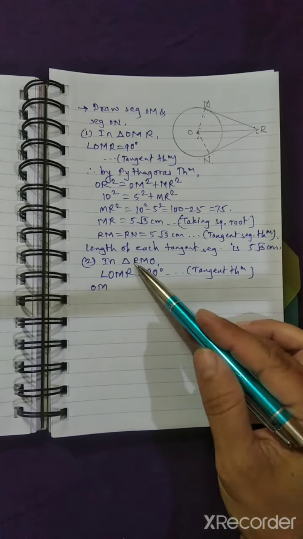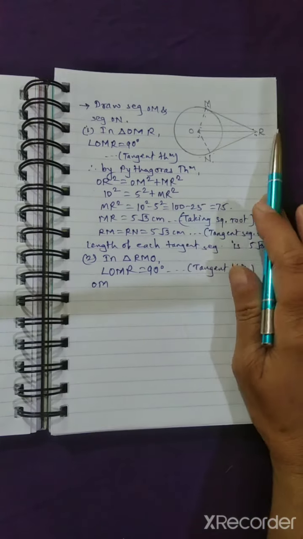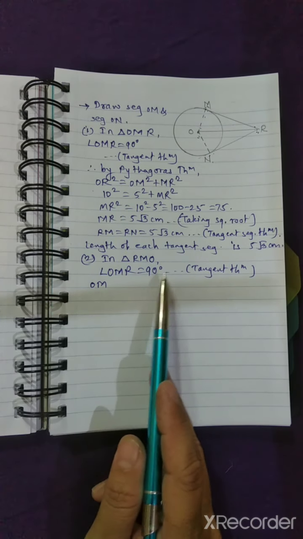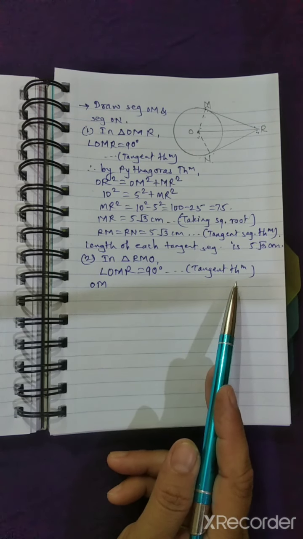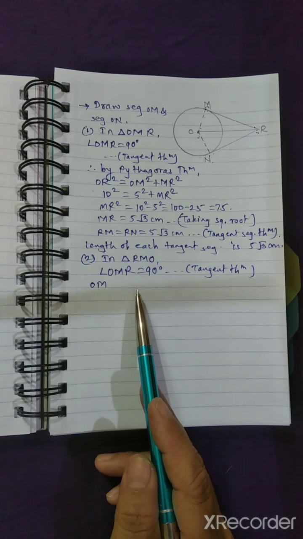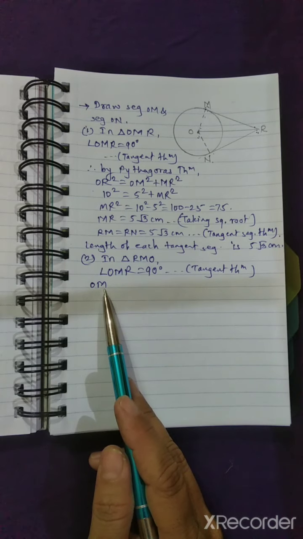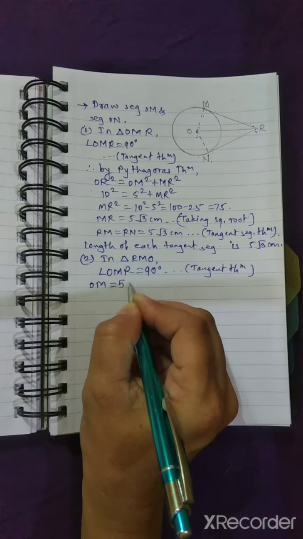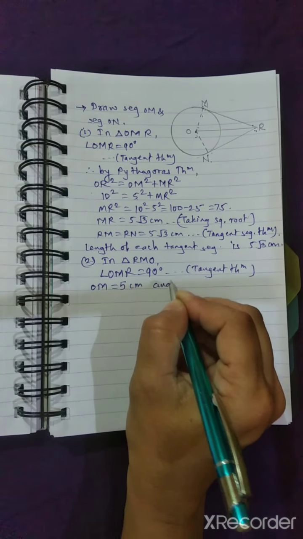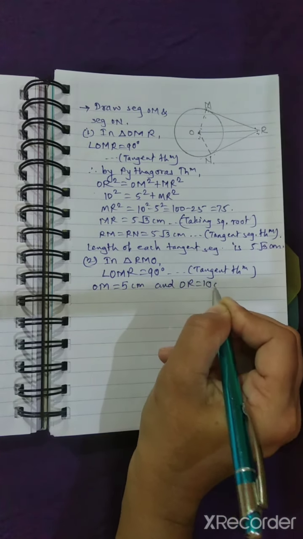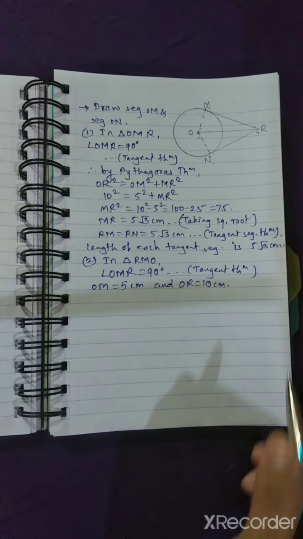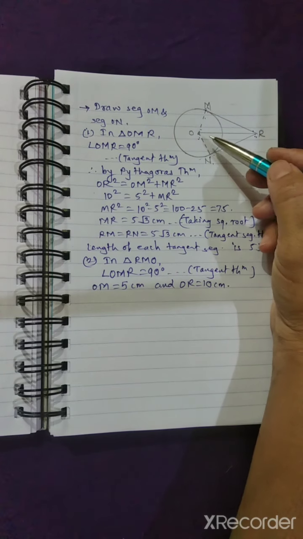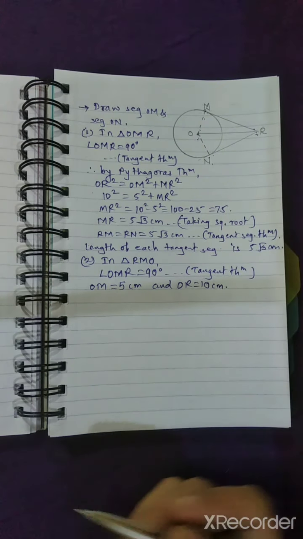Now in triangle RMO, angle OMR is 90 degree. That is by tangent theorem, that is tangent is perpendicular to radius. Now here OM is equal to 5 centimeter and OR is 10 centimeter.